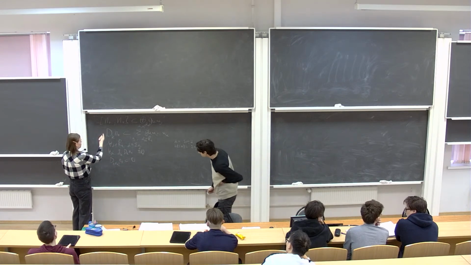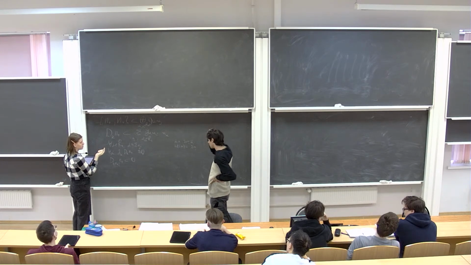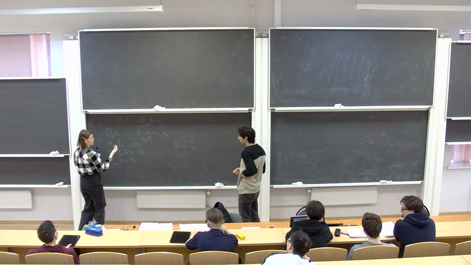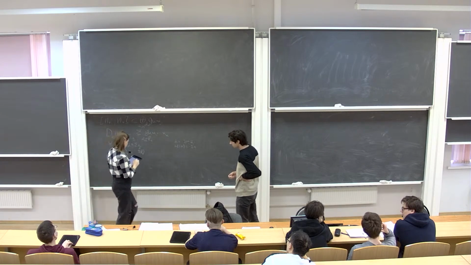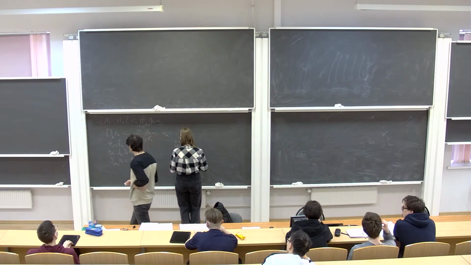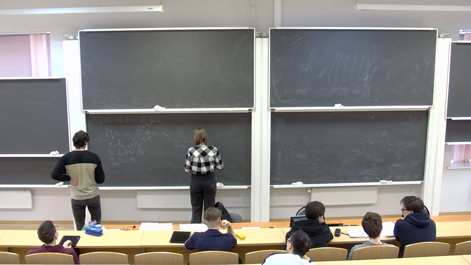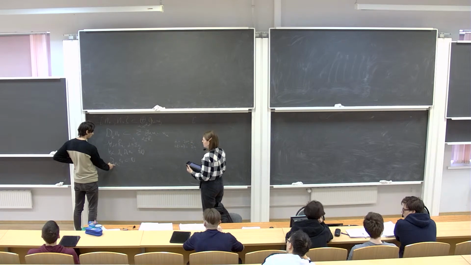So it's nilpotent. And the same with n minus. Yeah, same with n minus. I forgot the notation of height. Here you need to take not the height, but maybe height plus 1.